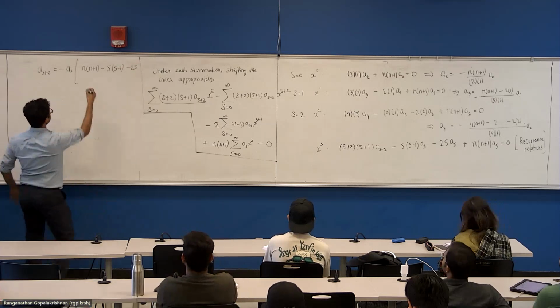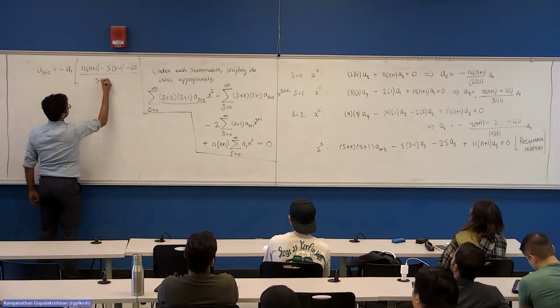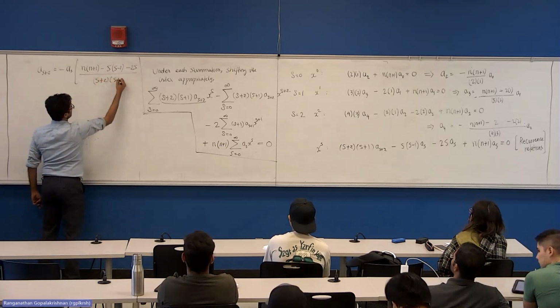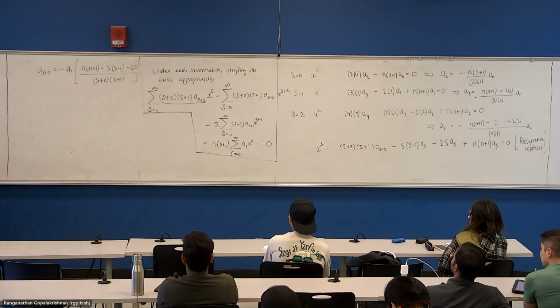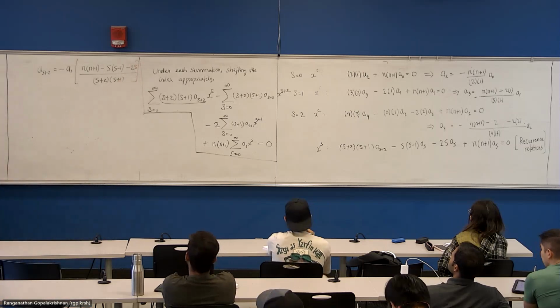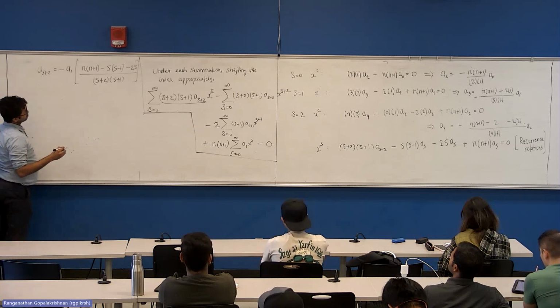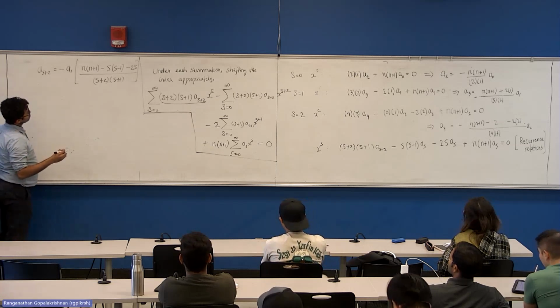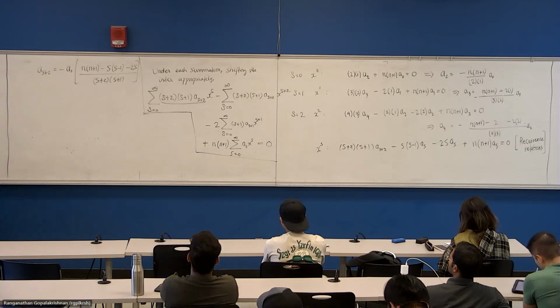Divided by s plus 2 times s plus 1, right? Okay. So what will this be? You can do some simplifications maybe. Squared minus.